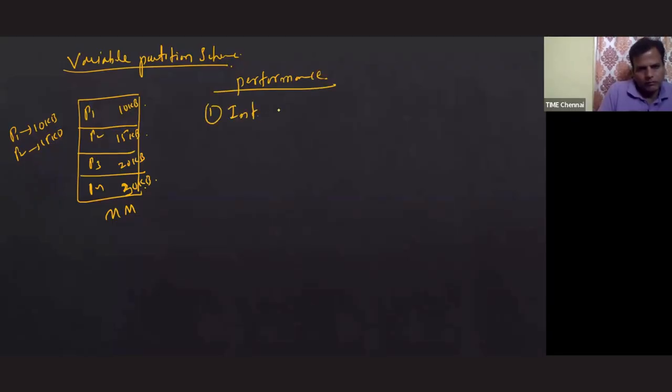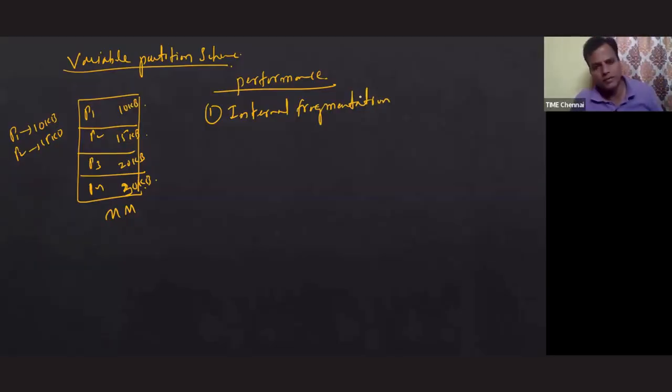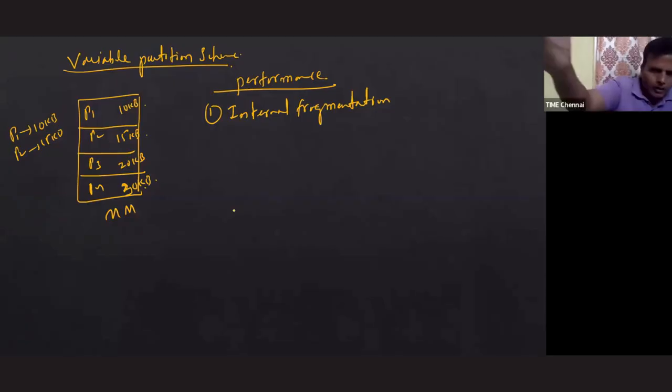The first one, internal fragmentation. Is it there or not? It is not there. Why, sir? Because based on the incoming process size, we are creating the partitions inside the main memory, so there is no chance of internal fragmentation.